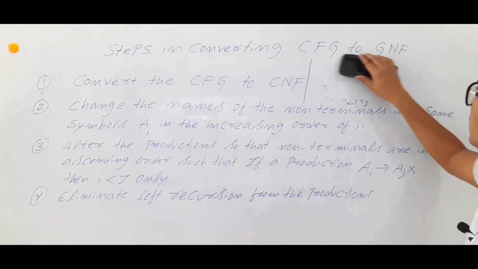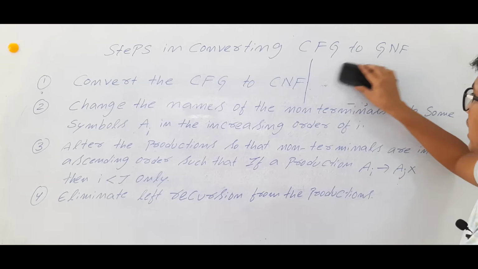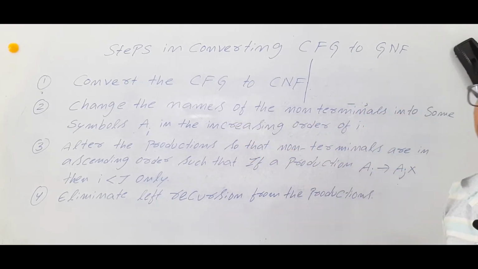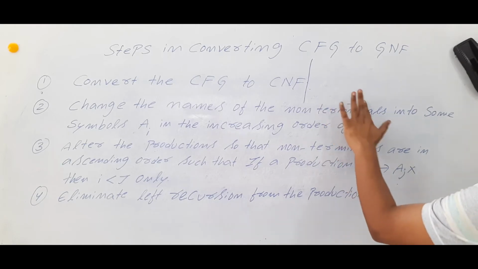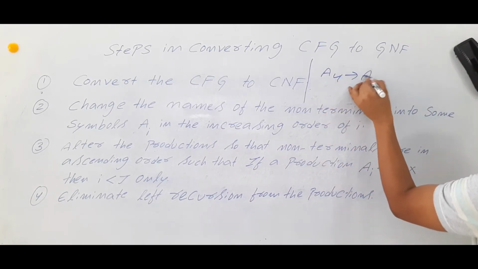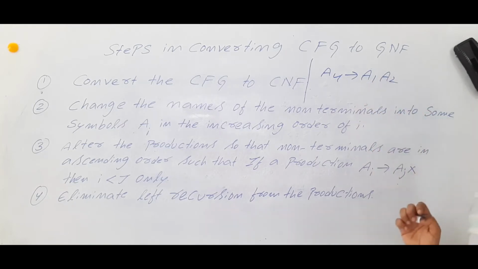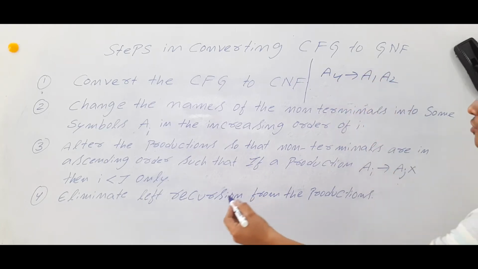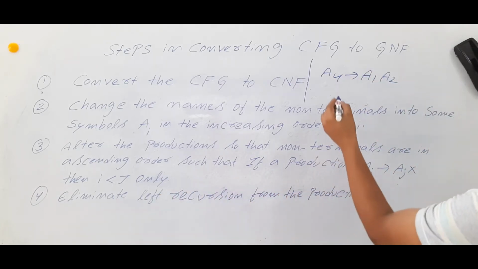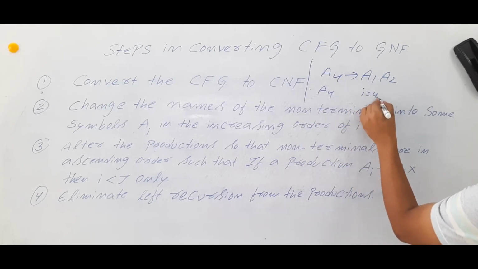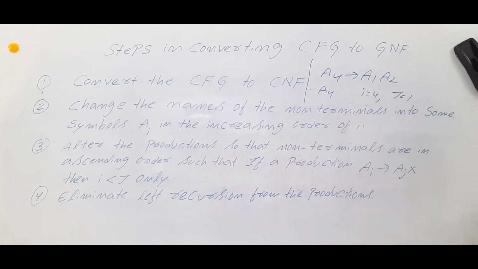Meaning, whenever we convert all the non-terminals into symbols A in increasing order, sometimes we may get a production like A4 determines A1 A2. Is it clear? If you see that, what is the Ai here? Ai is A4, so the i value is 4 and the j value is 1. Am I right or wrong?